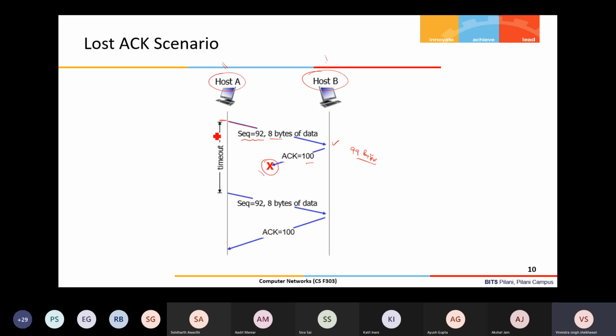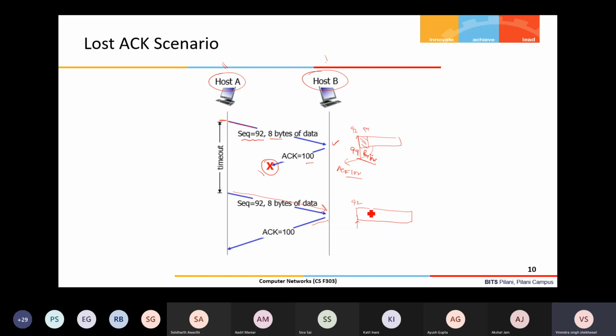So because it is lost, the timeout will occur, then it will send the same data again. Now if you look at the receiver side, it was expecting sequence number 92, and 92 to 99 were already received, right? It sent the acknowledgement as ACK 100, meaning it is expecting sequence number 100, and this is a byte sequence number.